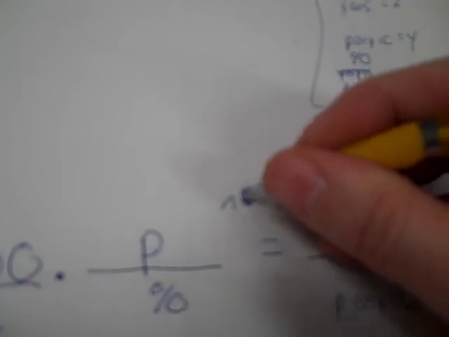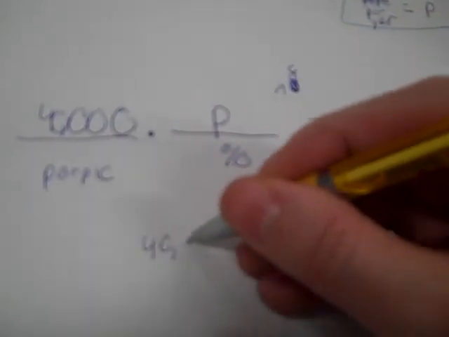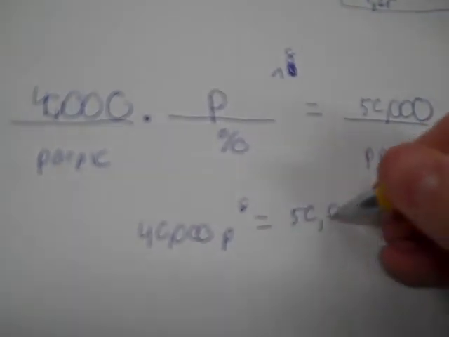It's P. Now people originally is 40,000. X is years. I know I have 8. Because if I have P there, all the other ones I have to know. And then 50,000. Now, you're not using log over log. The variable is not up here, it's down here. So what I would do is write that as 40,000 times P to the 8th power equals 50,000.